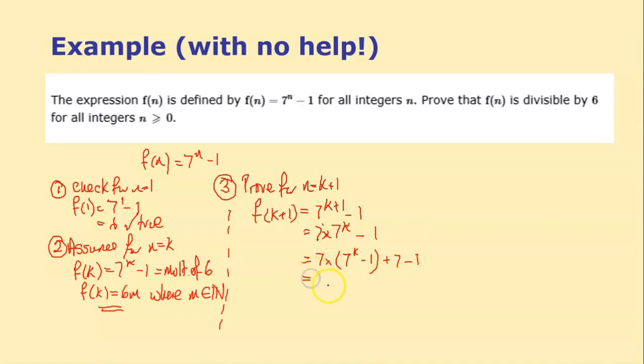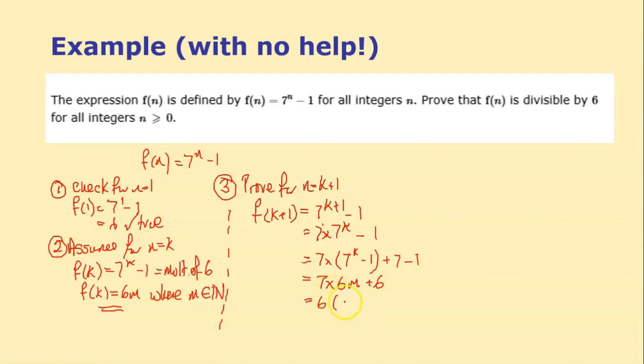And now I can write, well, this is 7 times 7 to the k minus 1, and 7 to the k minus 1 is 6m. You see, that is now 7 times 6m, because I know this thing is a multiple of 6. It's great. Don't forget 7 take away 1 is plus 6. And now I can take out 6 as a common factor.